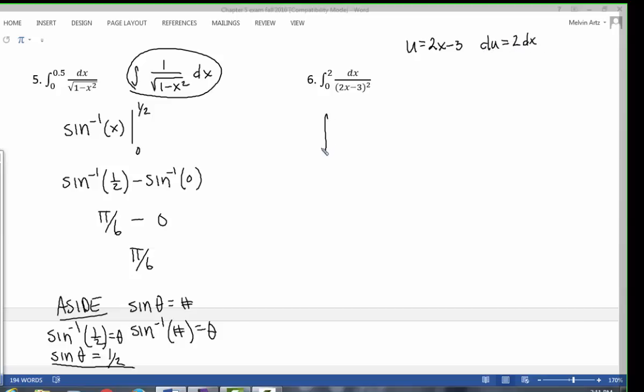Now, if we're going to make our replacements over here, we can see that we'd have u squared in the denominator, and then to replace dx, we're going to divide by 2. And that's what dx is replaced by, du over 2. And so we have 1 all over u squared du over 2.